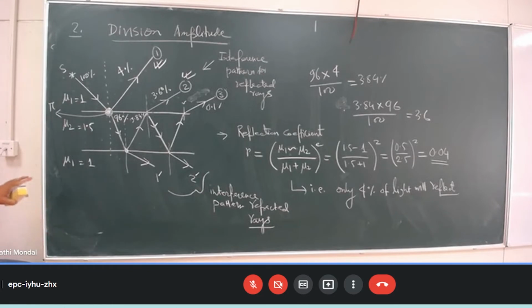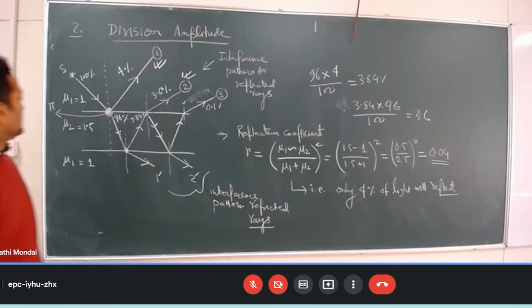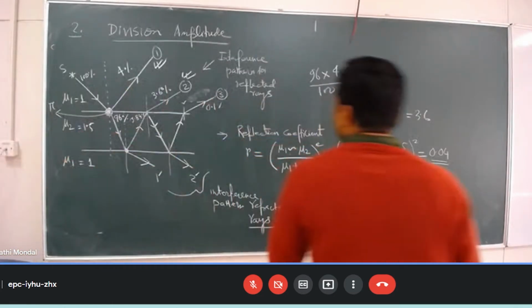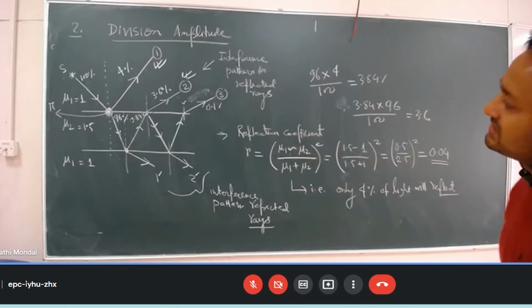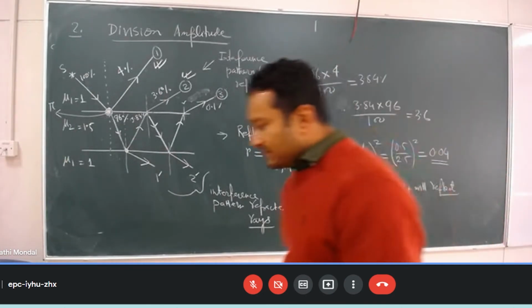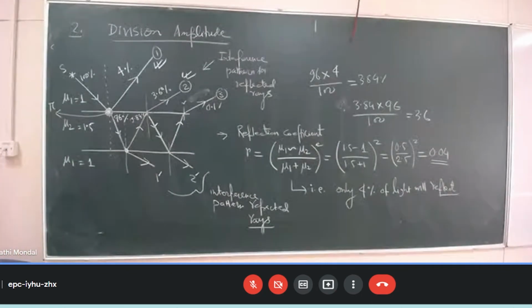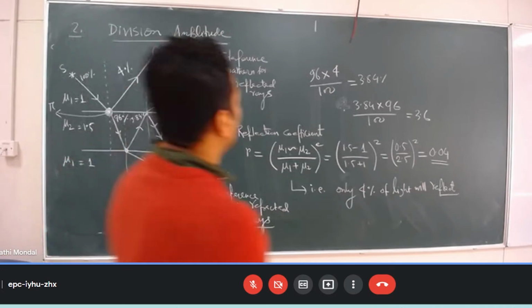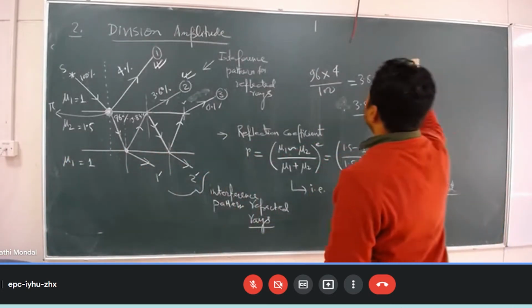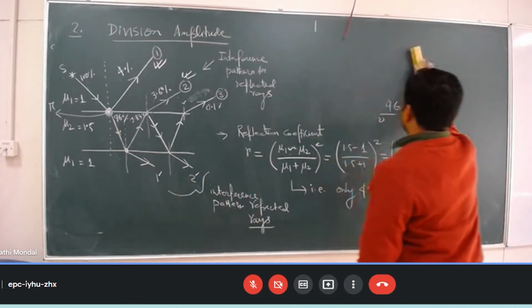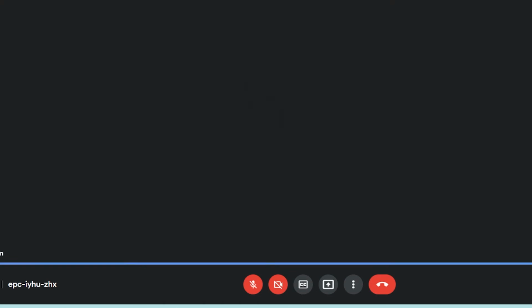We can prove it very roughly: if incident light suffers reflection from a denser medium, you will have a phase change. Pi phase change means it just becomes out of phase, otherwise it becomes negative. We can prove it.